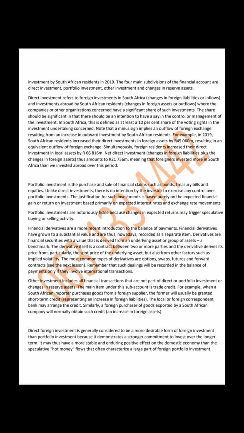So if the price of gold at a future date goes up, then the derivative price is going to go up as well. The price of that contract or security that you have exchanged is also going to go up.